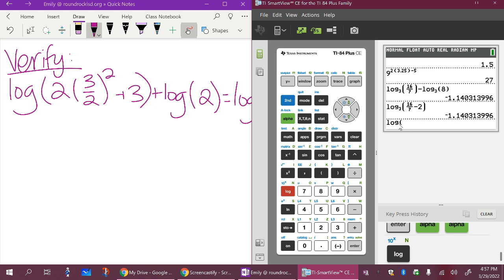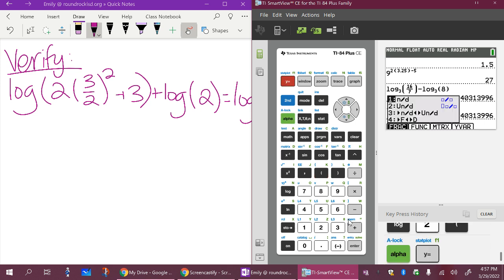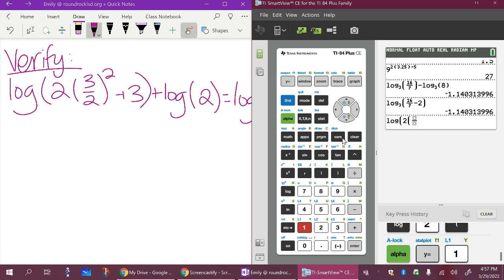So because this log doesn't have a base written out, we can just use the button down there. We can absolutely do the alpha window thing, but because there's no base, we just don't have to.